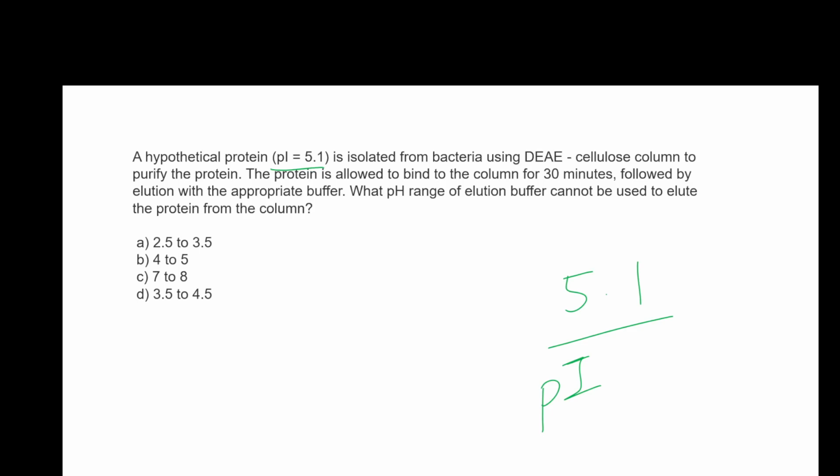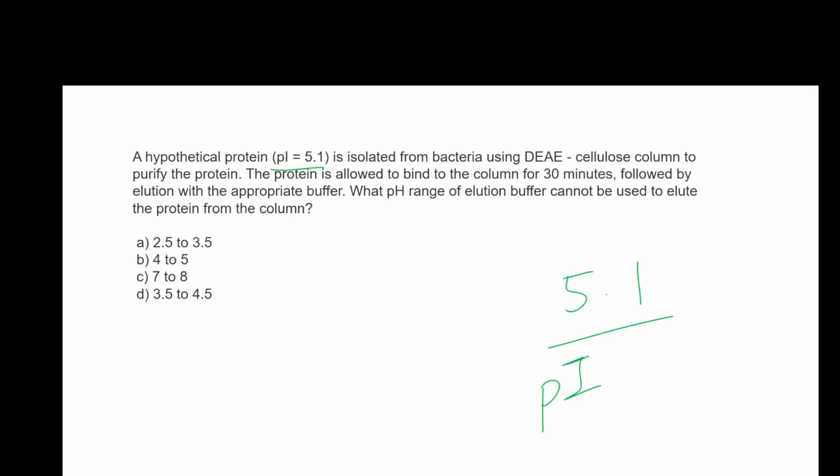Okay, so I'll tell you. The isoelectric point is nothing but the pH at which the charge on the protein becomes zero, or it is present in its zwitterion form, both positively and negatively charged. At the pI value, or when the pH equals pI, the protein is likely to precipitate.